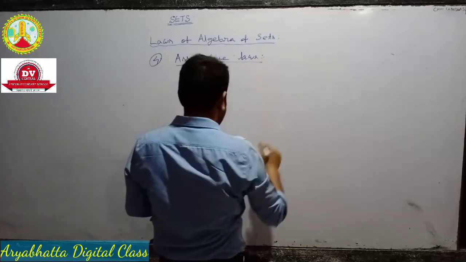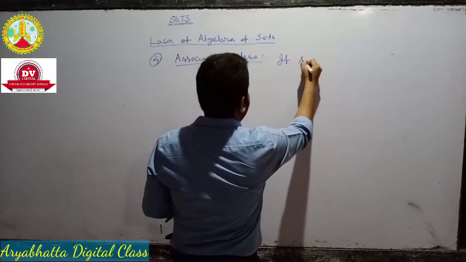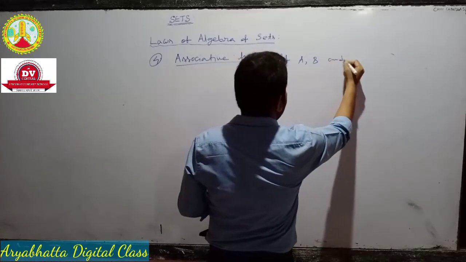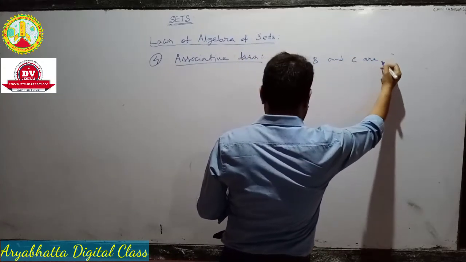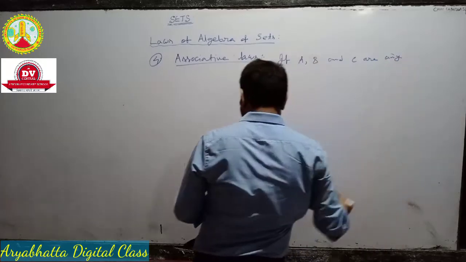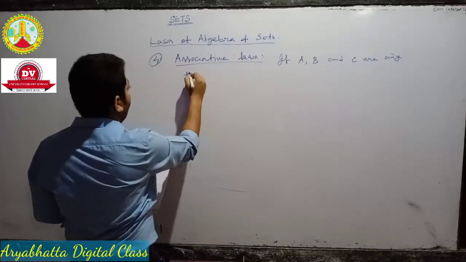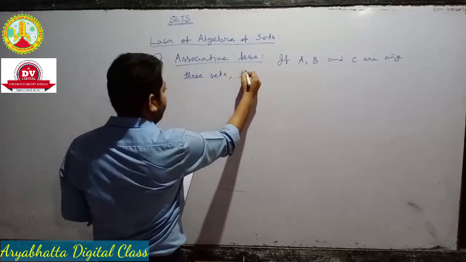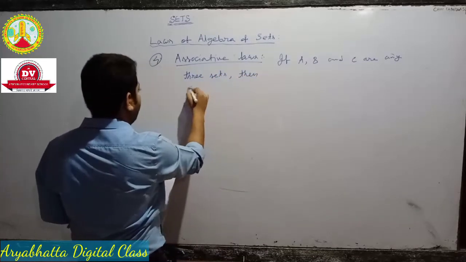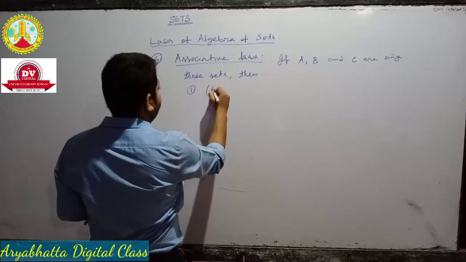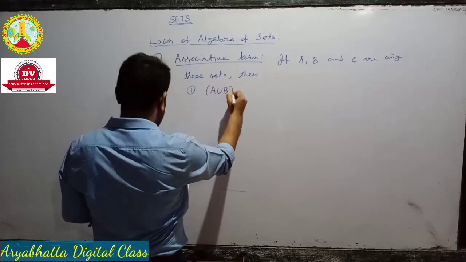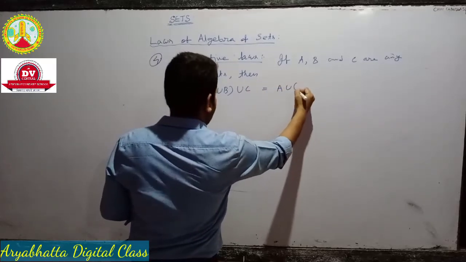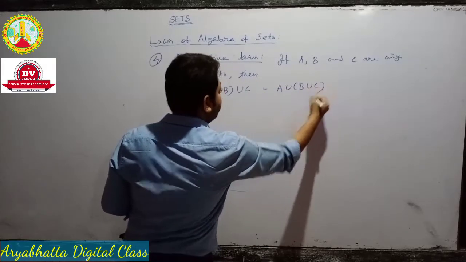If A, B and C are any three sets, then number 1, A union B union C is equal to A union B union C with brackets.